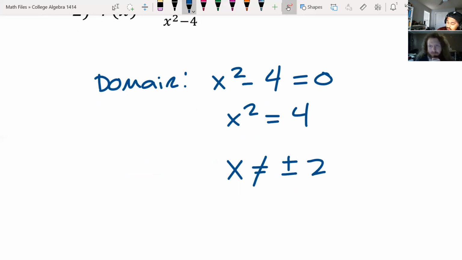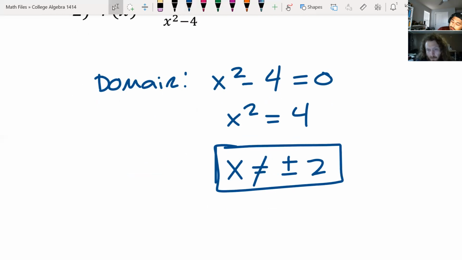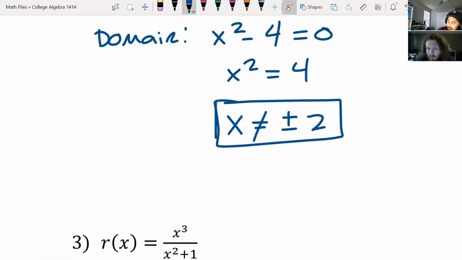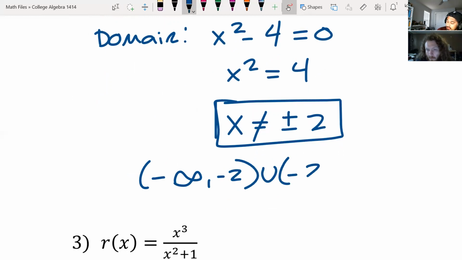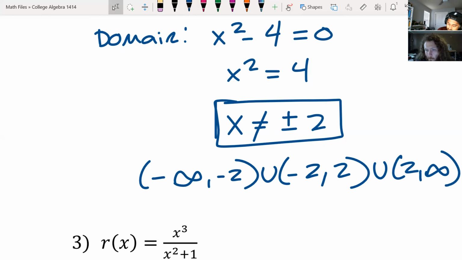Good. And again, good to practice interval notation. -∞ to -2, union -2 to 2, union 2 to infinity.